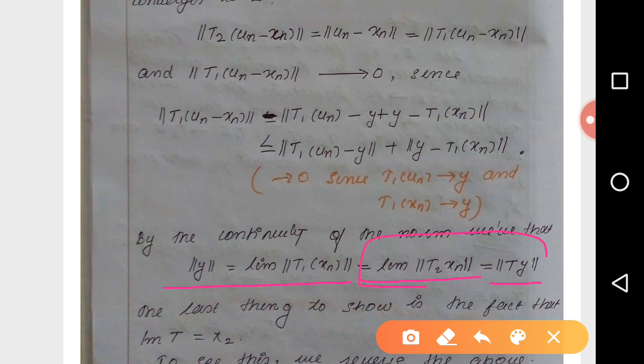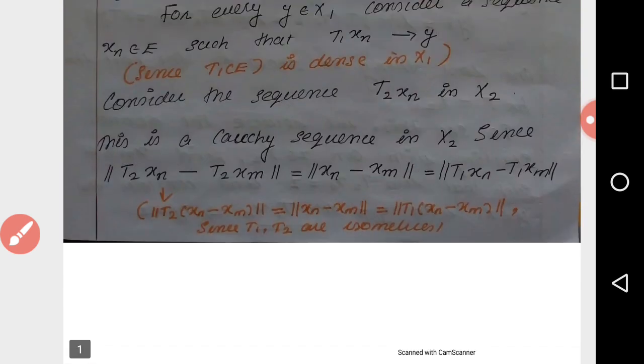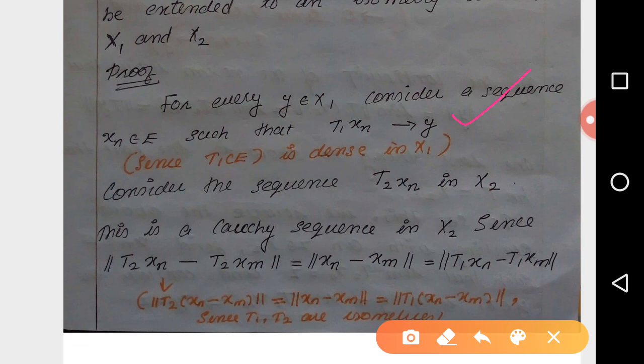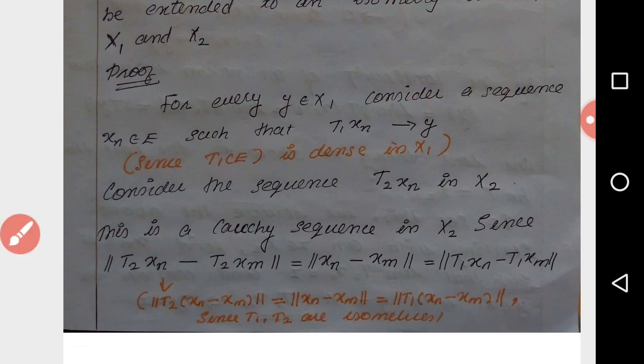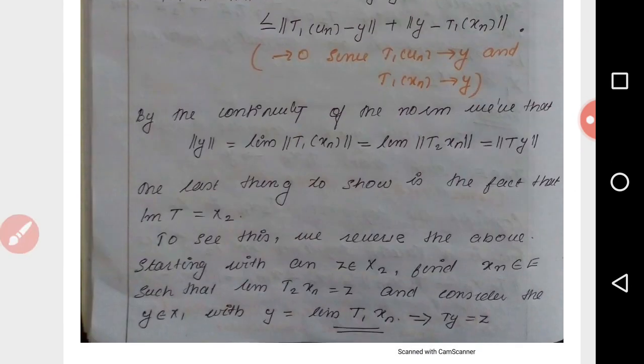Since T1 xn is convergent, we can prove that T2 xn is also convergent. Hence the limit of the norm of T1 xn is the same as the limit of the norm of T2 xn, which is equal to the norm of Ty.